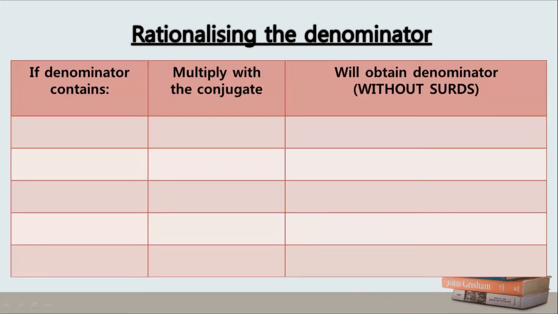If our denominator contain surd 3, okay, we need to multiply with the conjugate. Denominator surd 3, our conjugate is also surd 3. Why we will obtain the denominator without surd? Because when we multiply surd 3 and surd 3, we will get 3. So, tak ada dalam surd.